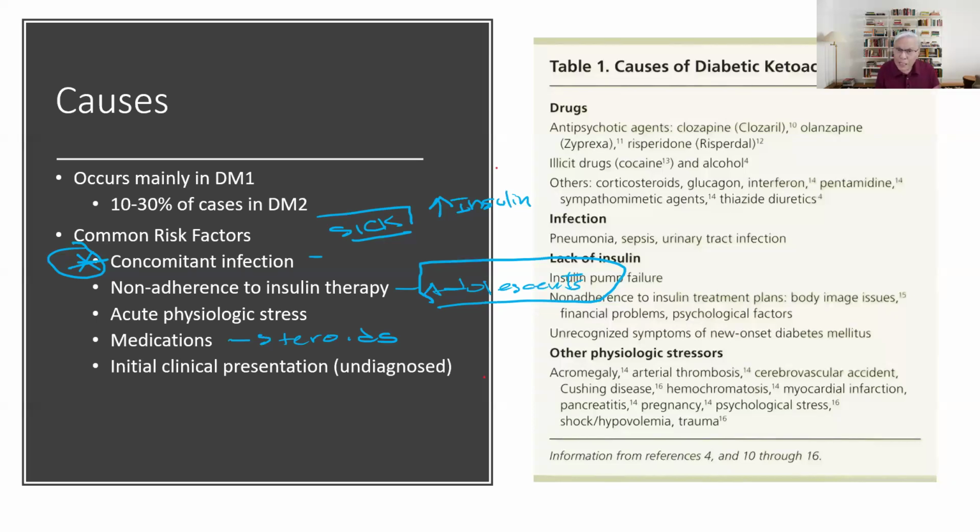And then, of course, sometimes what happens is that these individuals do not even know that they have diabetes. And so they're going to be newly diagnosed when they already have a diabetic ketoacidosis. So in some cases, this is the initial clinical presentation of those who have not been previously diagnosed with diabetes.